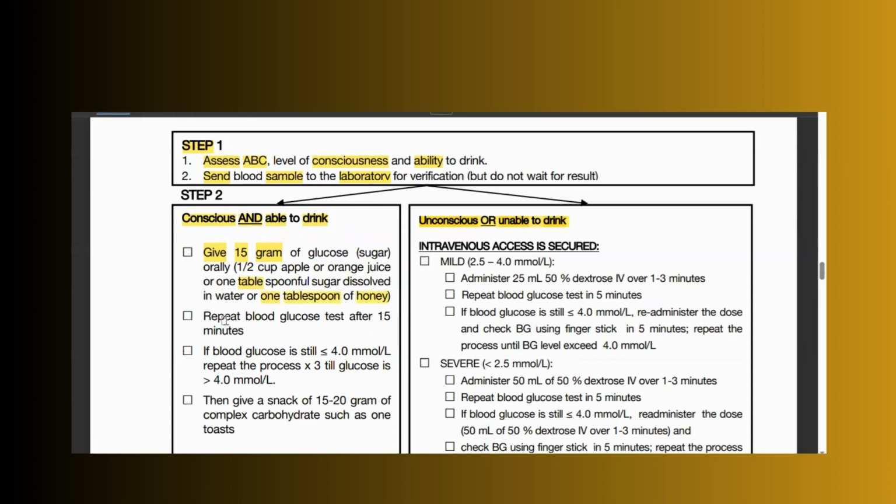Repeat blood glucose test after 15 minutes. If the blood glucose is still equal or less than 4 millimole, repeat the process 2-3 times till glucose is more than 4 millimole. Then give a snack of 15 to 20 grams of complex carbohydrates such as 1 toast.